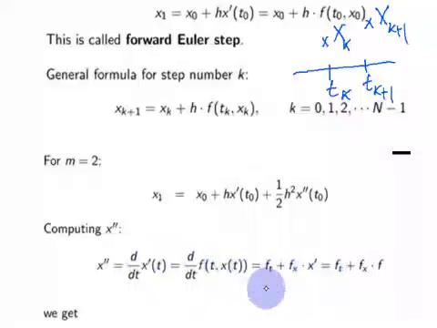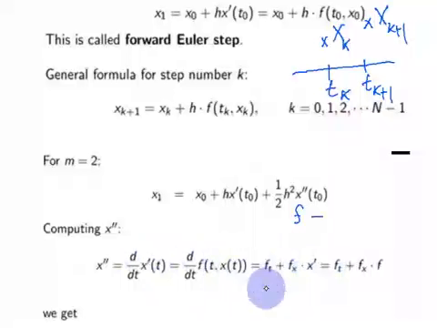So chain rule would be: f is a function of t and x, and x is a function of t.